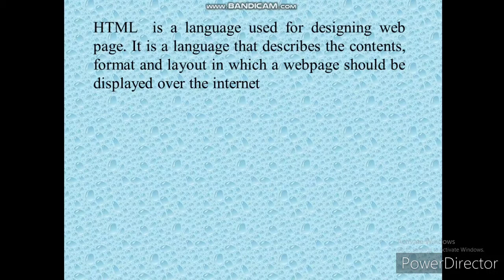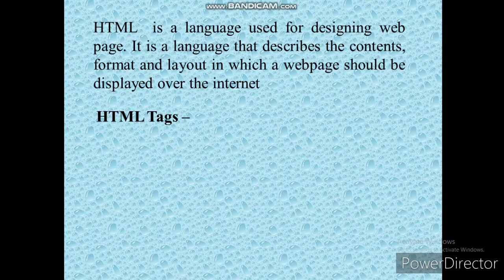Means HTML is a format which describes how to display a web page over the internet, right? In simple words, you can say HTML is a language which is used to design a web page.